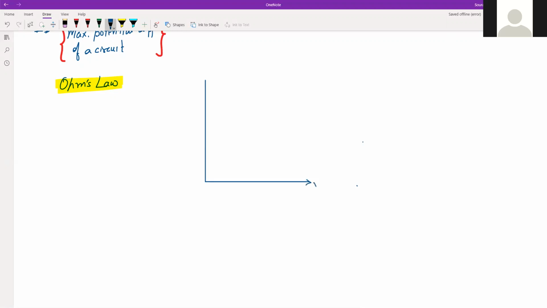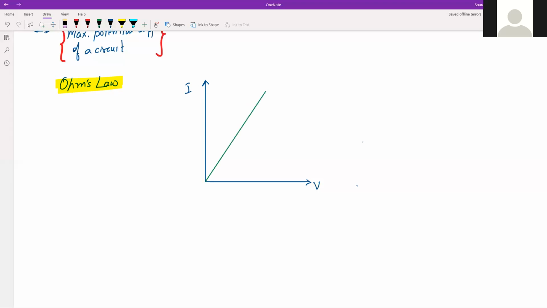Suppose this is V, for potential, and this is current. When potential difference was more, it was observed that the current is also more. So the graph which comes here is actually like this.